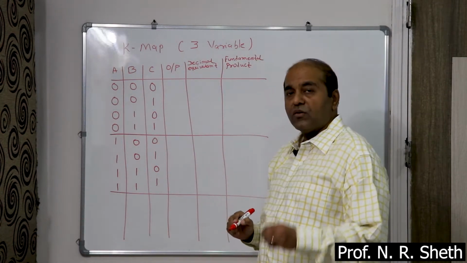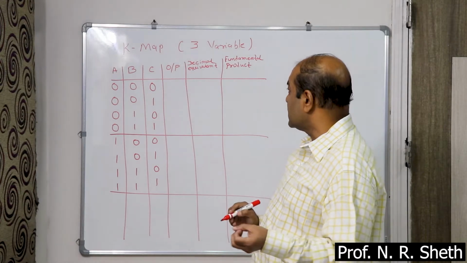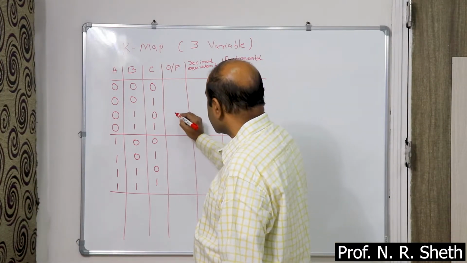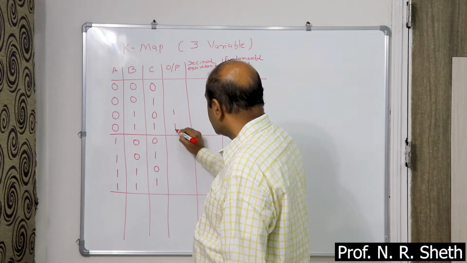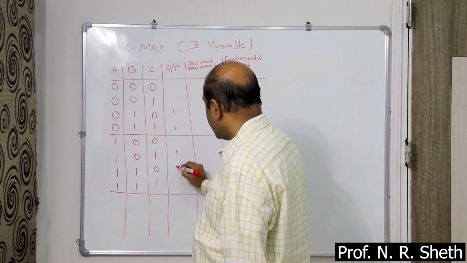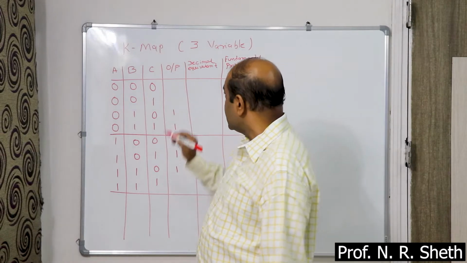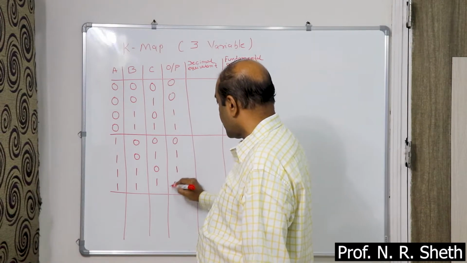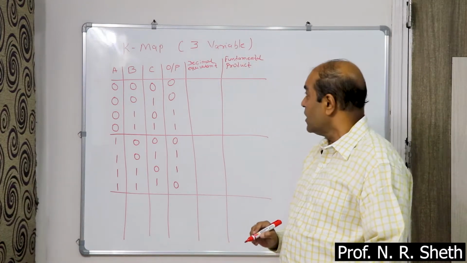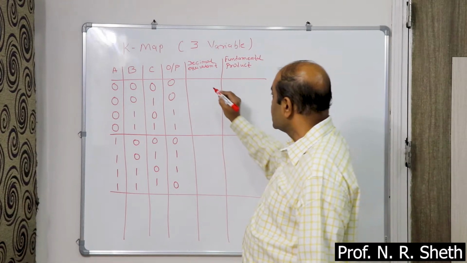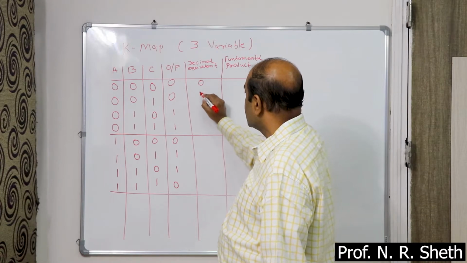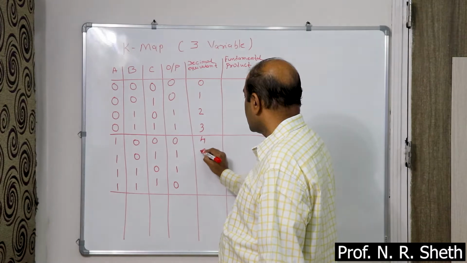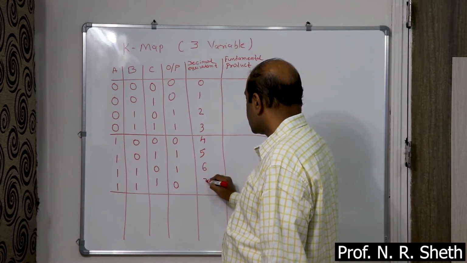Now for one 3-bit digital circuit, output is high for cases 1, 2, 3 and 4, and the remaining 4 are zeros. Okay, decimal equivalent 0, 1, 2, 3, 4, 5, 6 and 7.